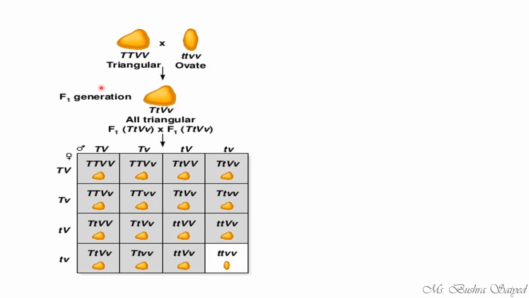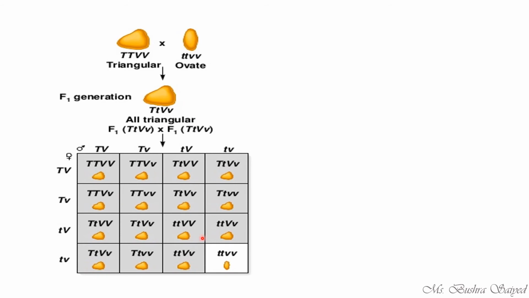Yeah, so here is our dihybrid cross, triangular and the ovate. We know that ovate or elongated will not have any dominant gene. Presence of a single dominant gene will give a triangular shape seed capsule. So the F1 generation will be all triangular.